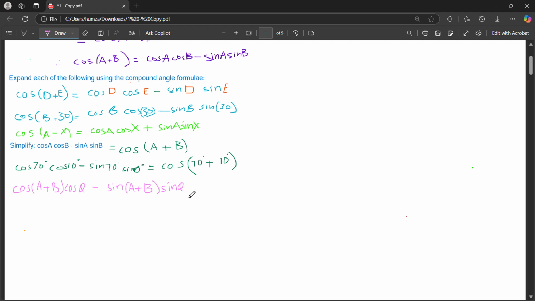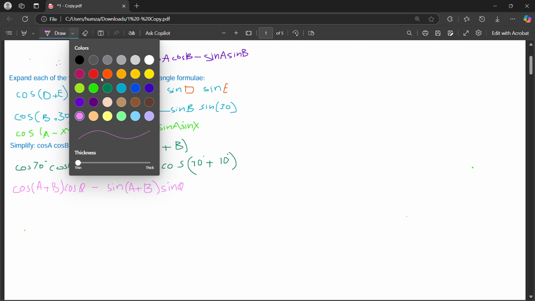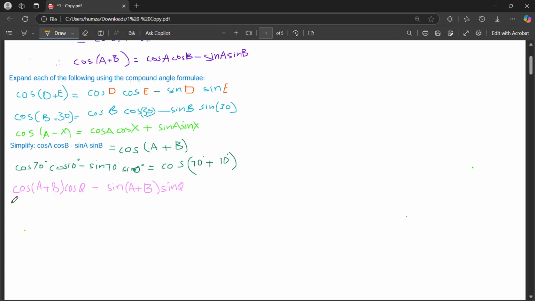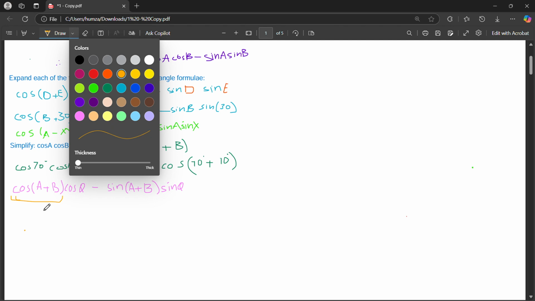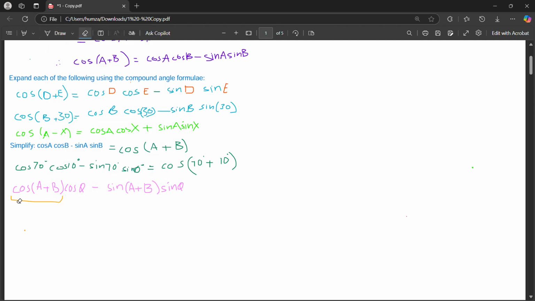Now what we are going to do is identify the compound angle first. This part is similar to this part, so we can use the same rule. We can say this is cos A and B. There is a negative sign, so we will say this is positive.